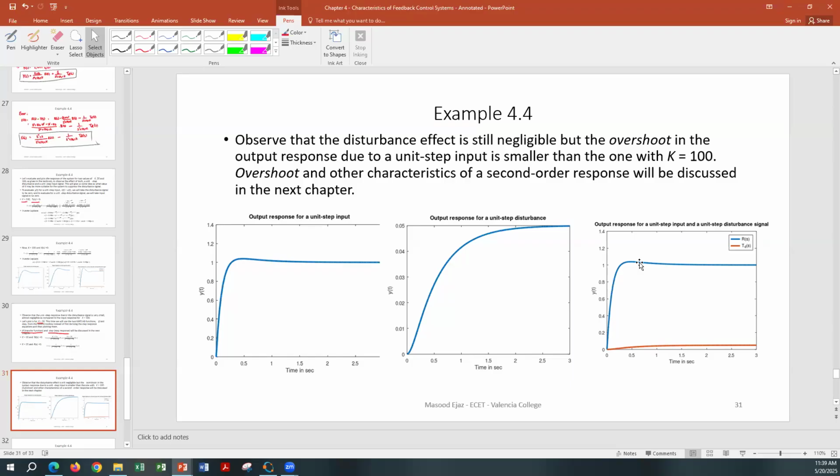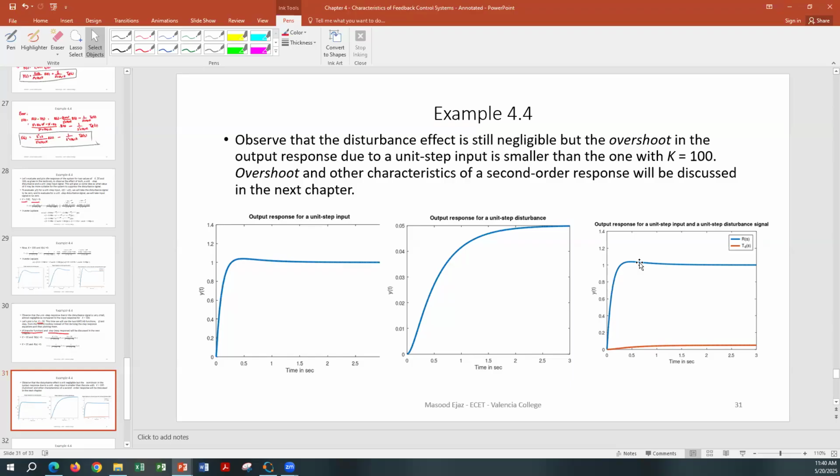So again, as an engineer, you have to think about the trade-off. Can you live with 0.05 output due to the disturbance, or is 0.01 the one that you're looking for? If you want to live with 0.05 steady state output due to disturbance, your peak overshoot is quite small, and the steady state value is the same for both, 1 for the output due to Rs, but the peak overshoot has been reduced a lot in this case.